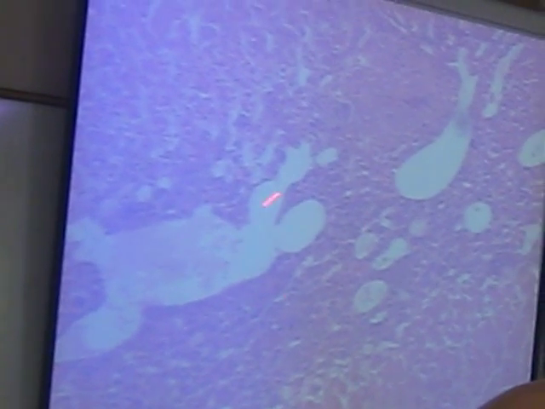Not as many nuclei, more large cells. So we got glomerulosa, fasciculata, reticularis, and then all the way down here in the middle, we got the adrenal medulla.